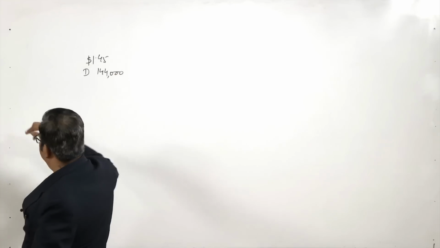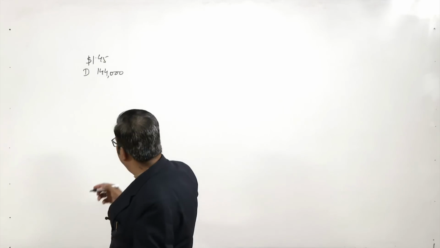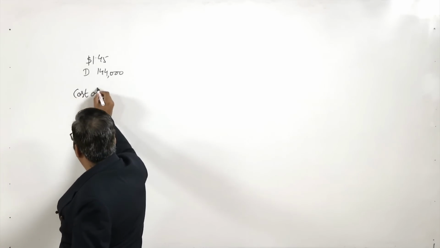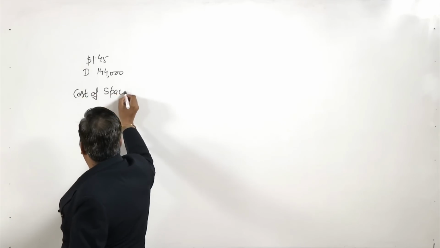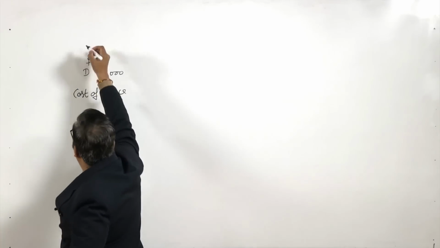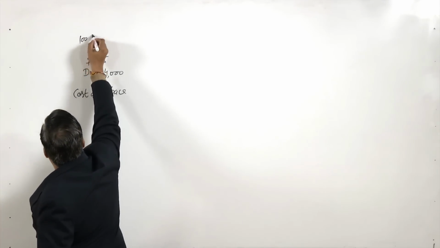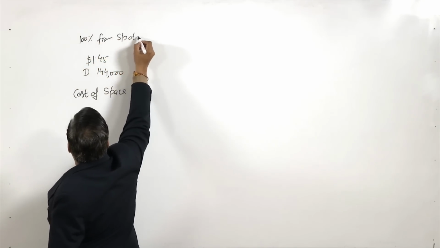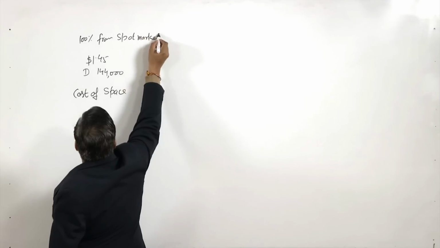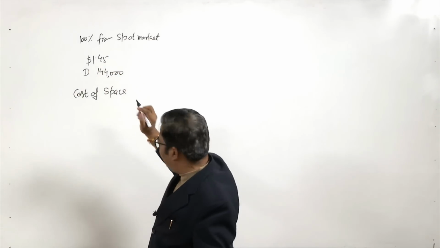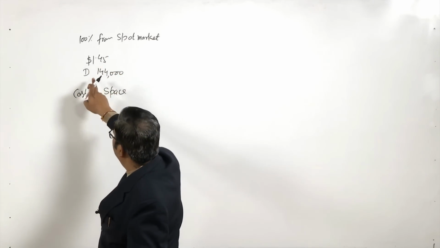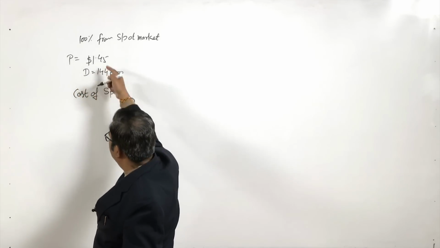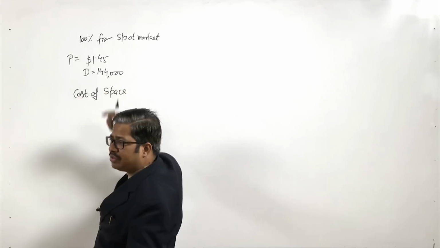144,000 units. So, we calculated in the last session, if you remember, the total cost of space, because I am taking 100% from the spot market. Since I am taking 100% from the spot market, the cost will be the multiplication of demand and this price.